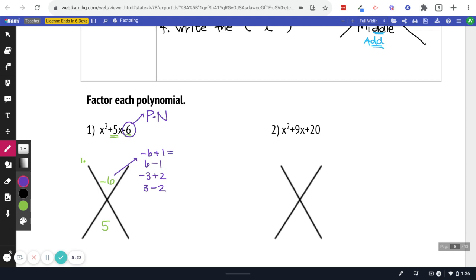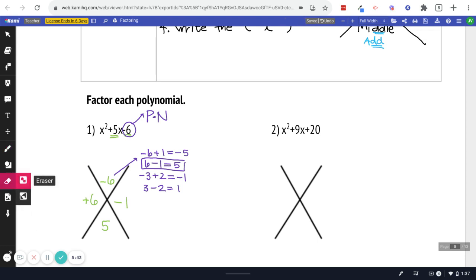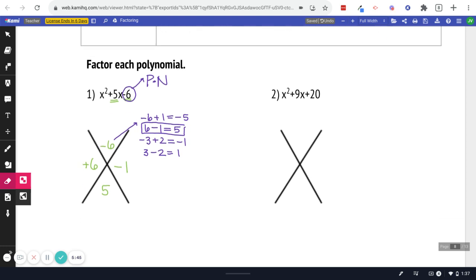So this negative 6 and 1, that's a negative 5. This is a positive 5, negative 1, positive 6. Okay, so we wanted the positive 5, so that's this combination. So what that means is we needed the positive 6 and the negative 1, right? That's what we ended up with on our sides here. And so now we've got everything filled in.